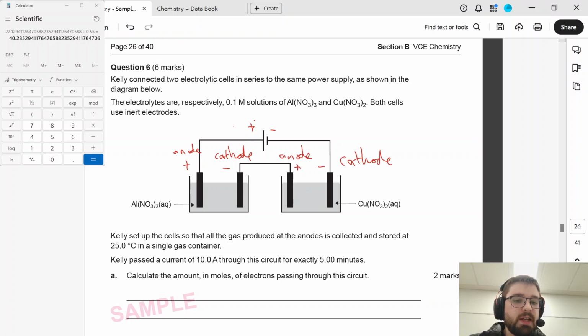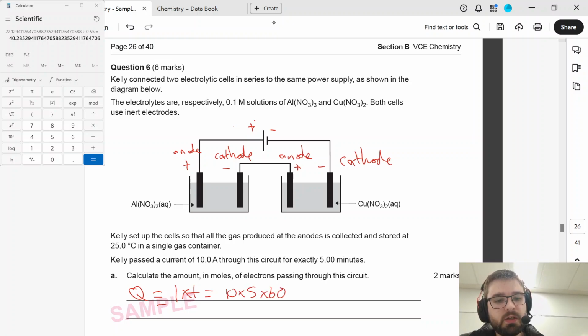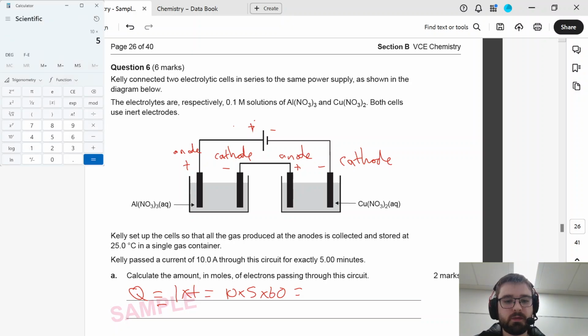Kelly passed a current of 10 amps through the circuit for exactly 5 minutes. Calculate the amount in moles of electrons passing through the circuit. Remember that charge is equal to current times time. So that's 10 amps times 5 minutes times 60 seconds, so 3,000 coulombs.